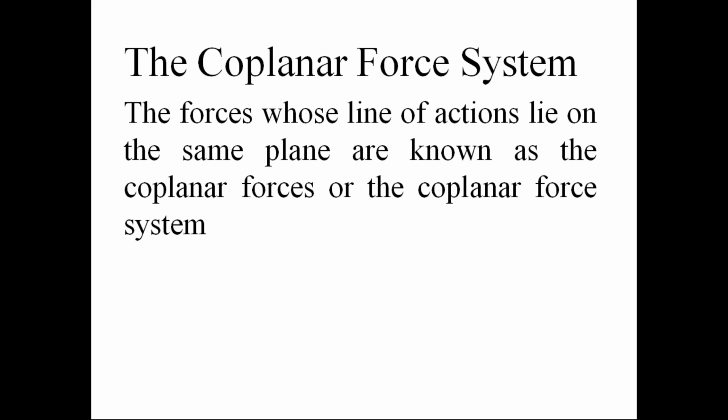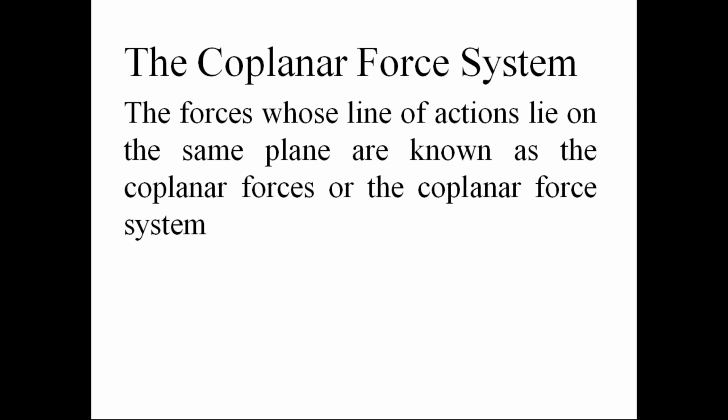First, understand what is meant by coplanar. The word coplanar indicates the same plane. Plane means level surface. Any level surface is known as a plane. In engineering, it may be a horizontal level surface, a vertical level surface, or an inclined level surface.